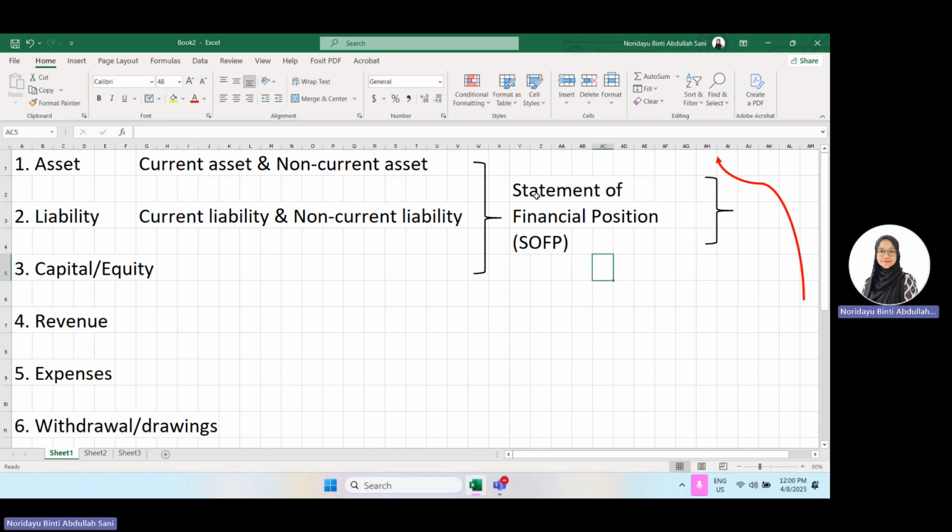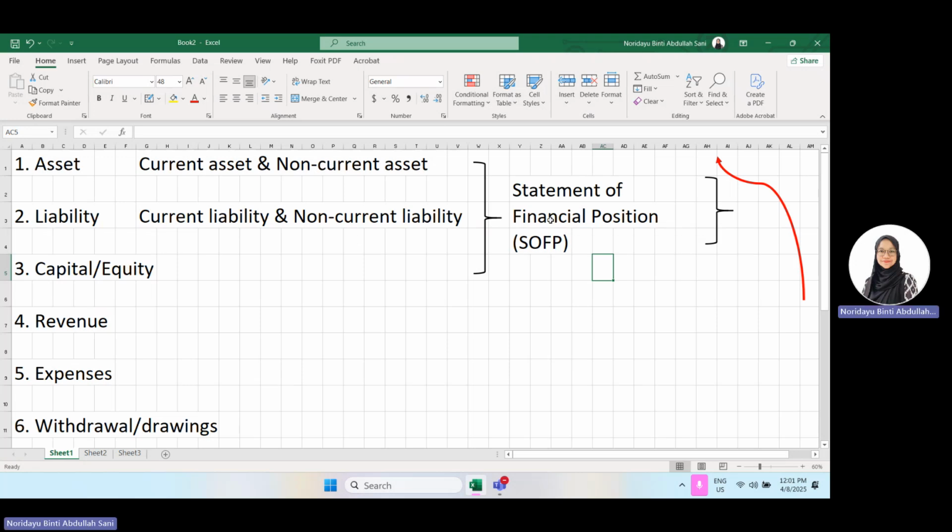So when you prepare this statement, it is a final account. Okay, it is a so-called report, which is very, very important, to explain about the financial health, the financial position of the company, which consists of asset, liability, capital, or equity.